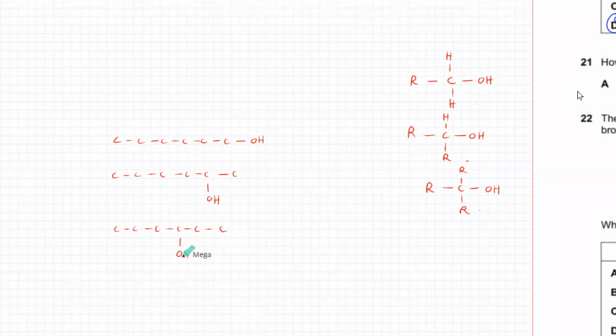Then I'll make a chain isomer. I'll have 5 carbon atoms in a line and 1 carbon atom as a branch, and then I can start adding OH. The OH could be added here, or it could be added to all sorts of different positions.